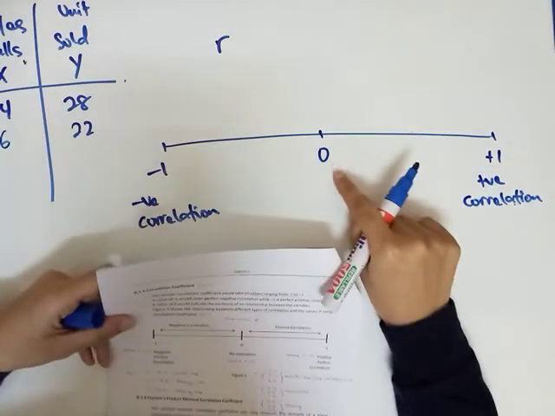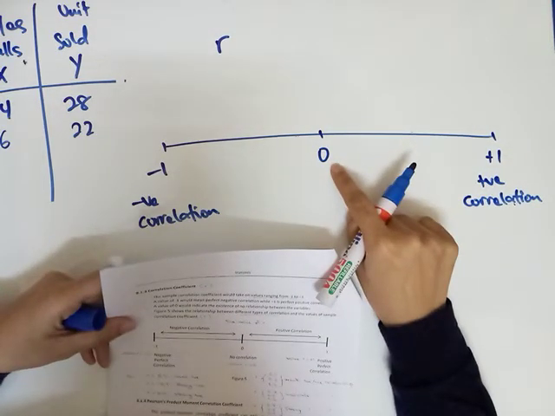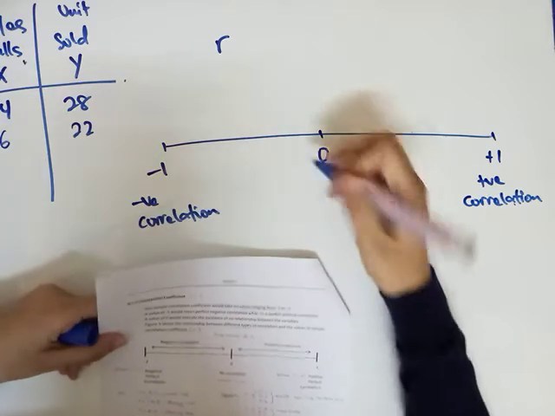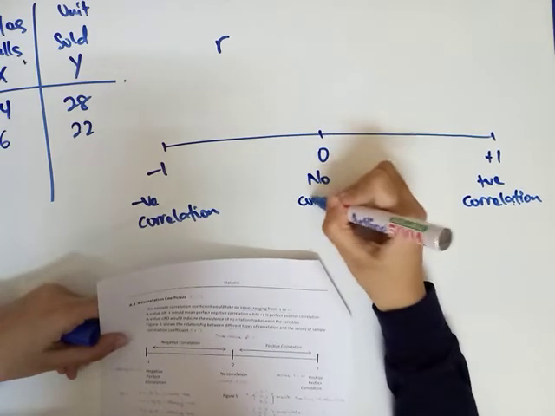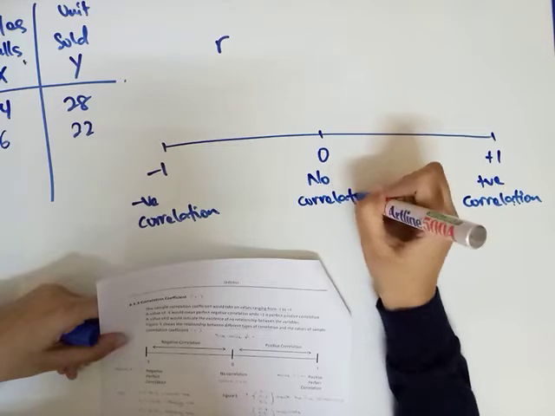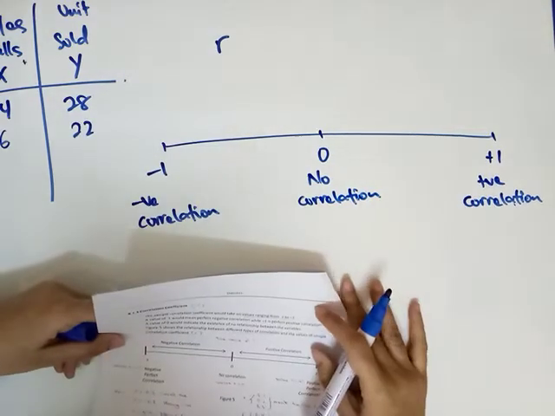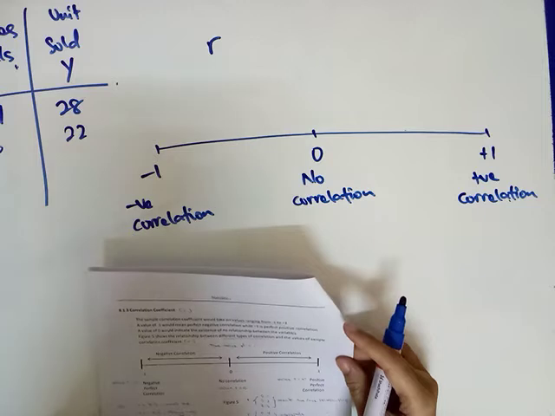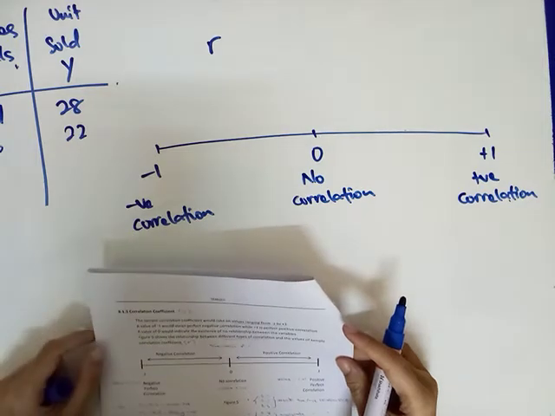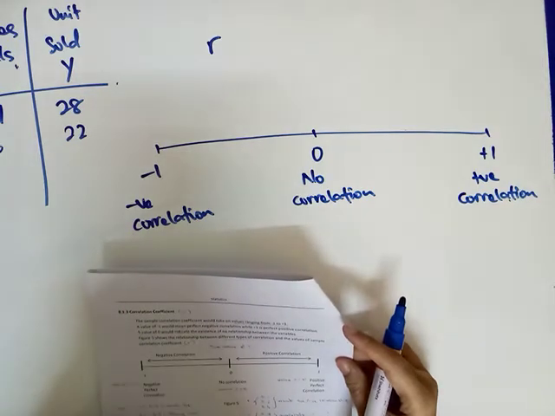And a value of 0 would indicate the existence of no relationship between the variables. There is no correlation here. And then figure 5, the relationship between different types of correlation and the value.